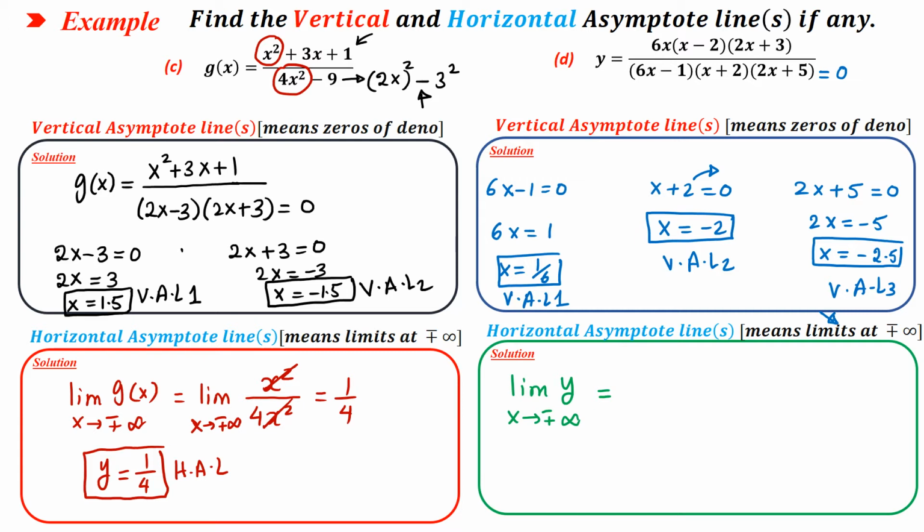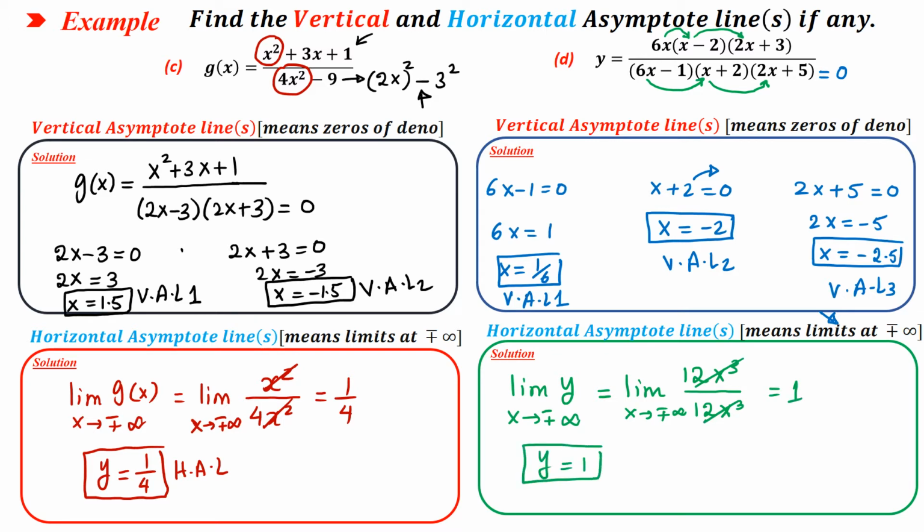Highest power up means 6x multiplied by x multiplied by 2x, which is 12x cubed. So we have the limit of 12x cubed divided by 6x times x times 2x, which is 12x cubed also, when x goes to positive and negative infinity. By simplifying, you will get 1. So we have y equals 1 as the only horizontal asymptote line.